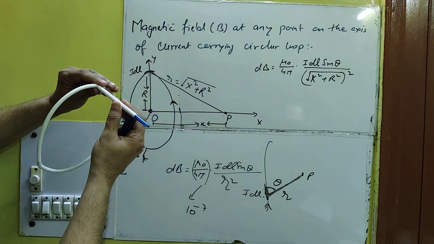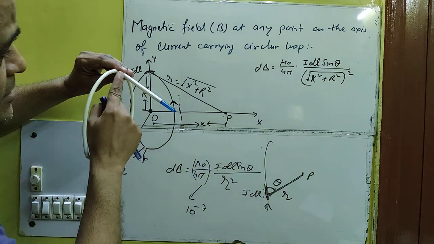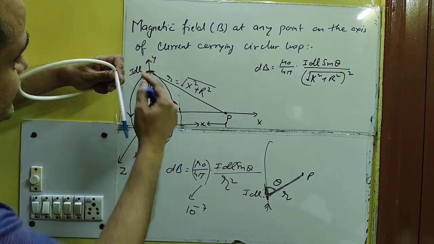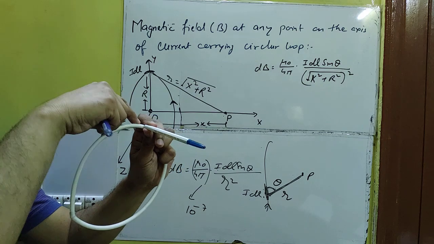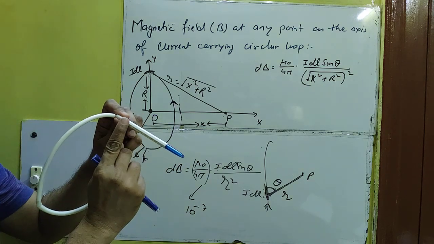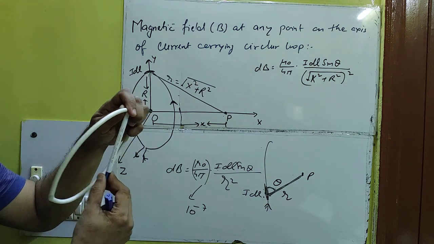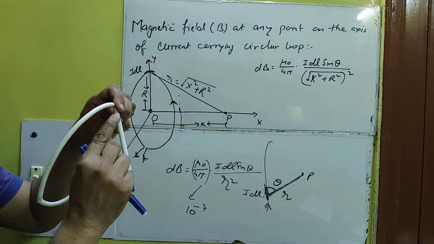Basically theta is the angle between the element and the joining line r. So children, this is dl and this is r, and it makes an angle theta. Whatever the orientation, if you rotate like this, it always makes the angle theta.